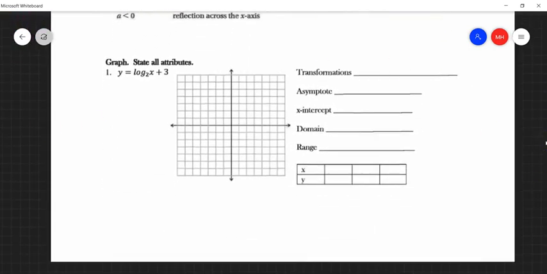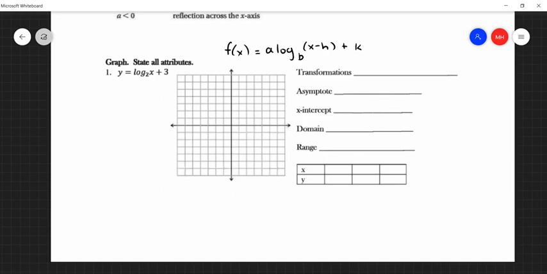It does say to state all attributes. So the first thing I want to do is look at my equation and see what transformations I have. Remember that the transformation function says f of x equals a times log base b of x minus h, plus k.